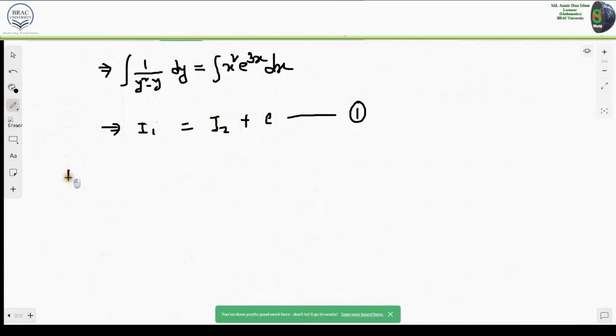So let's solve. We are starting from I2. So in I2 we have integration of x squared e to the power 3x dx. x squared is a polynomial term, so we can use the tabular technique.